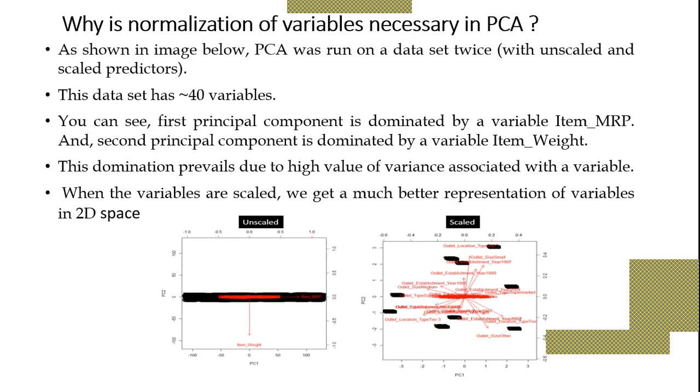As shown in the image below, PCA can be run on the data set twice, with unscaled and with scaled predictors. When you see the left-hand side, where we run PCA on the data set unscaled, we get this type of output. You can see the first principal component is dominated by the variable Item MRP, and the second principal component is dominated by the variable Item Weight.